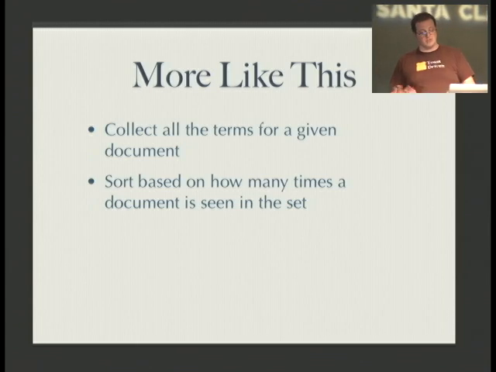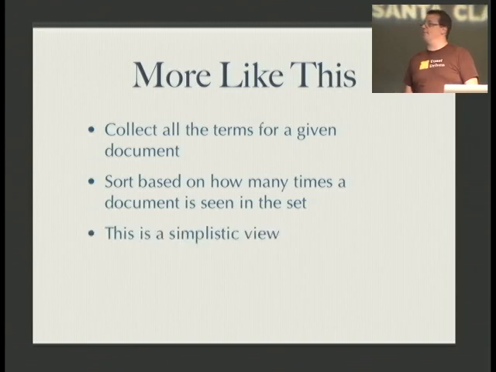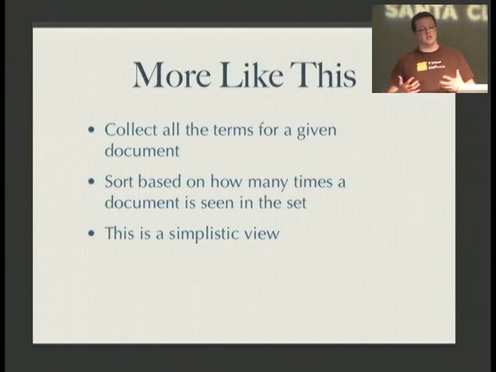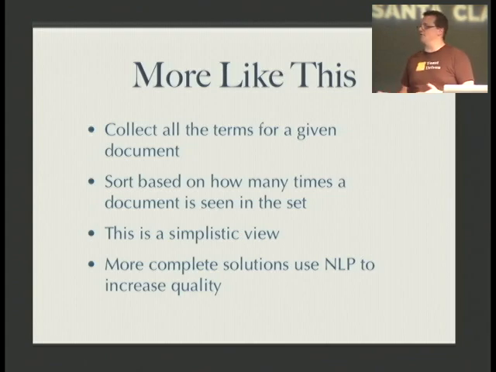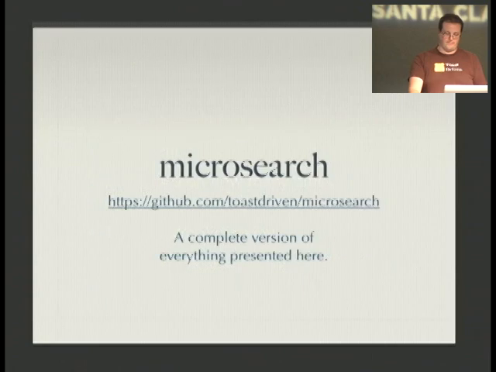And then just sorting simply based on how many times a given document was seen in the set. This is really, really simplistic, as is most of this presentation, just because it's to get a high level. Engines like Solr and whatnot use much more complex solutions like natural language processing, as well as other types of contextual analysis to get a much better quality result.